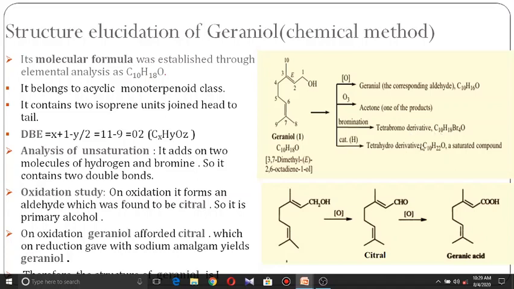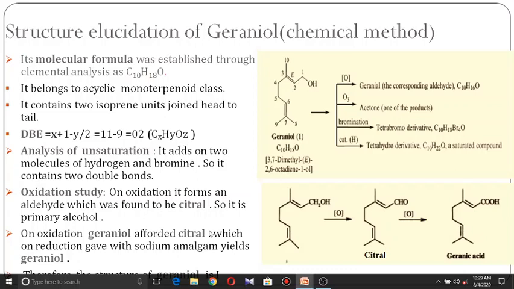Comparing the formulas C10H22O and C10H18O, the difference is 4 hydrogen atoms, and 4 bromine atoms are added. The product is a saturated compound. This means that two molecules of hydrogen or two molecules of bromine have been added, so two double bonds are present in geraniol.